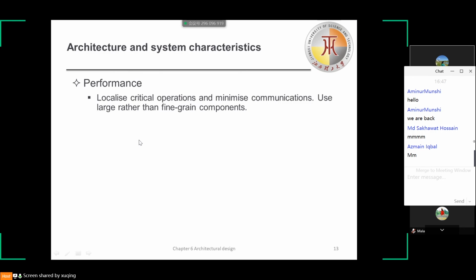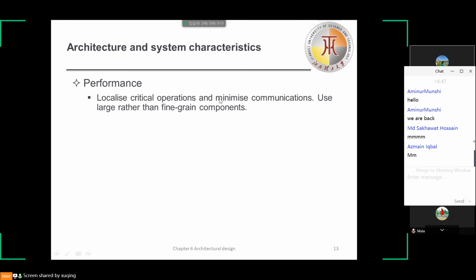As said here, we need to localize critical operations and minimize communications. Use large rather than fine-grained components. In fact, if performance is a critical requirement, the architecture should be designed to localize critical operations within a small number of communications with these components all deployed on the same computer rather than distributed across the network.